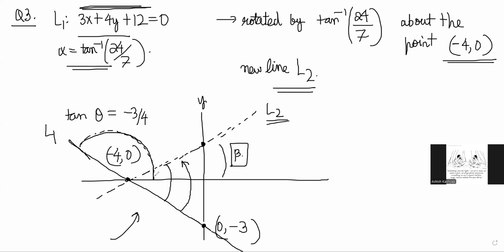So what we can say is, if this is theta, this much is pi minus theta, right? Yes, sir. Pi minus theta. And if this is alpha, I have to do alpha minus pi minus theta, right?